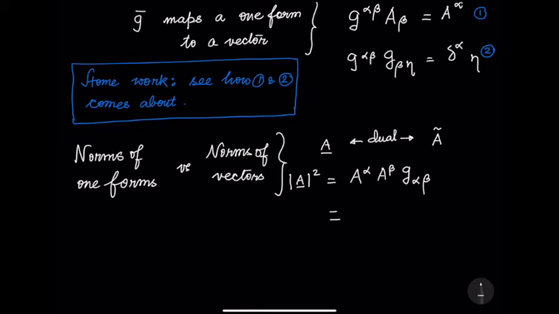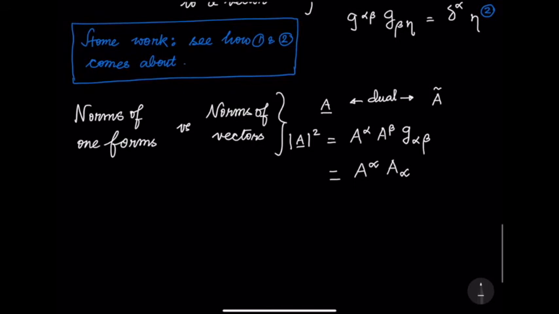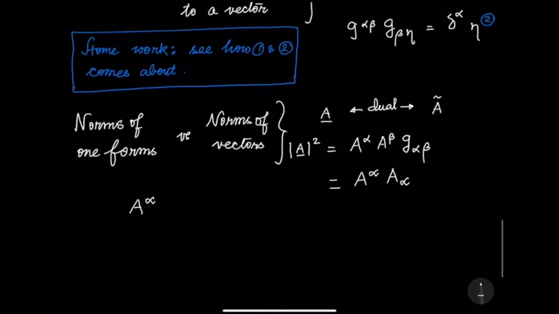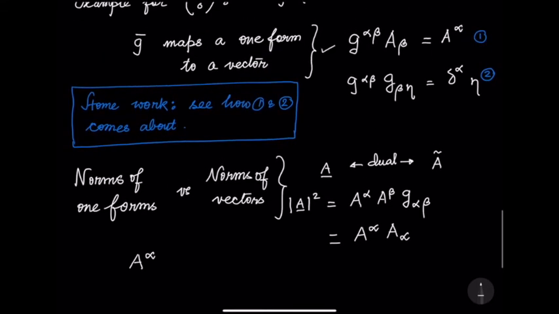Then what I can do is I can write this also as A alpha, A alpha. I can use this expression now to write A alpha as G alpha beta A beta.